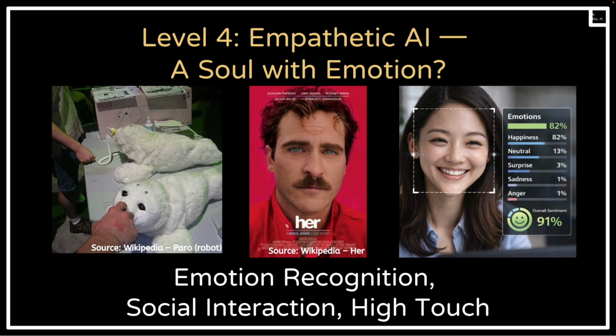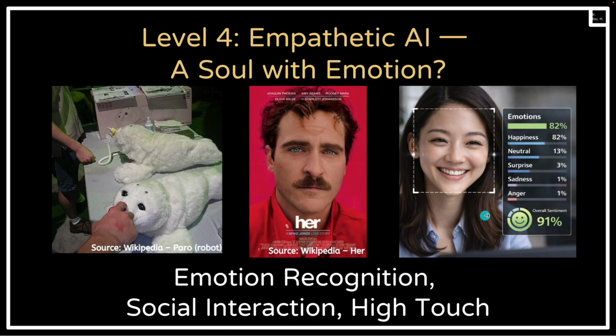Now, we come to the highest and most difficult level in this framework, Empathetic AI. This slide is visually rich. On the left, we see a therapeutic robot. In the center, we see the movie Her, which immediately evokes the idea of emotionally engaging AI.